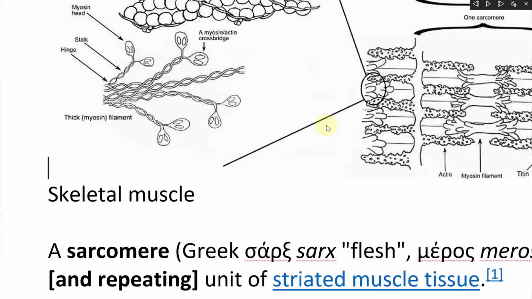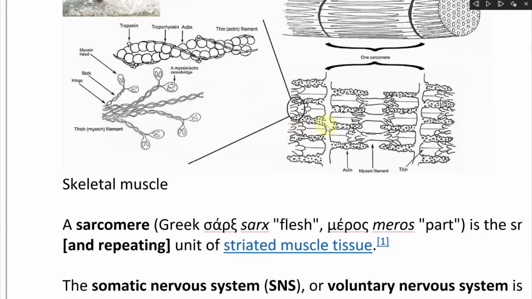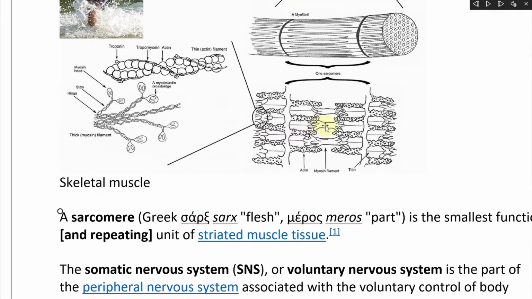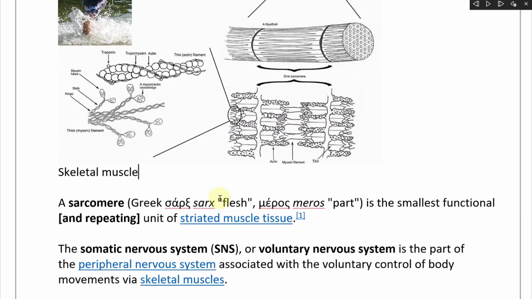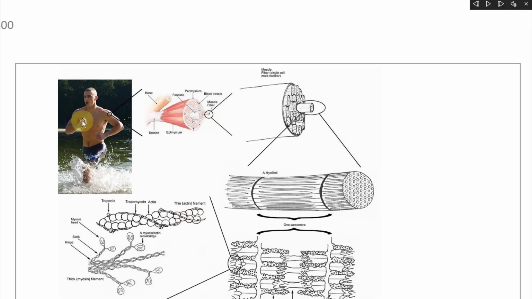All right, so let's zoom out and try to make sense of some of this. Basically, you take a fiber, a tendon connected to a bunch of these long cells or long tissue right there.